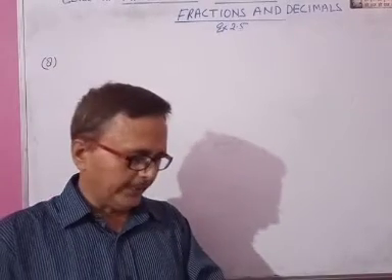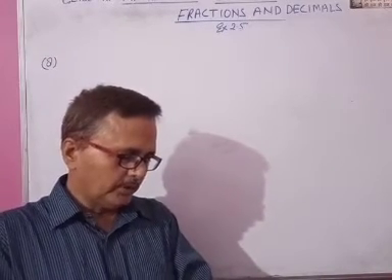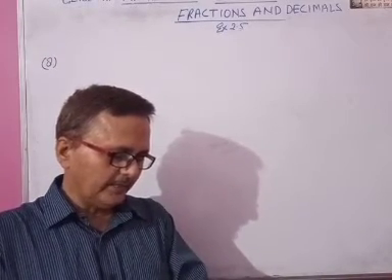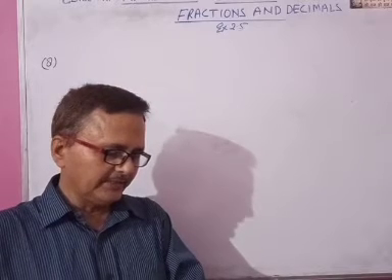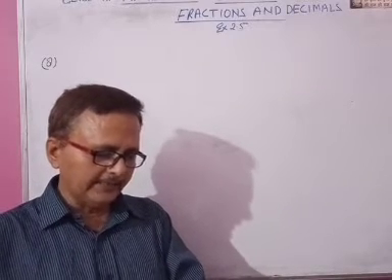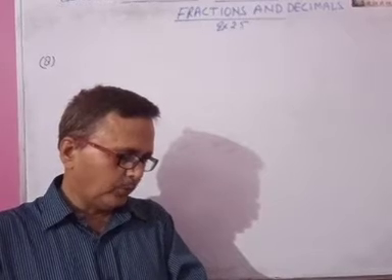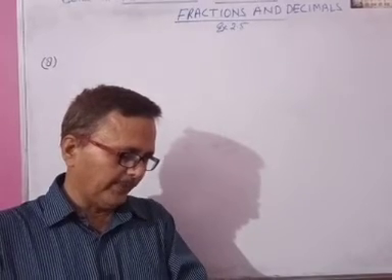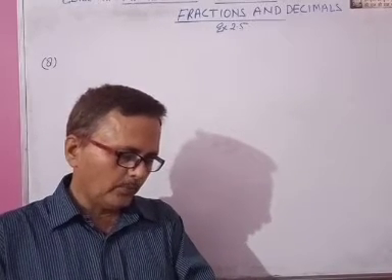Now question number 8. Shyama bought 5 kg 300 gram apples and 3 kg 250 gram mangoes. Sarla bought 4 kg 800 gram oranges and 4 kg 150 gram bananas. Who bought more fruits?